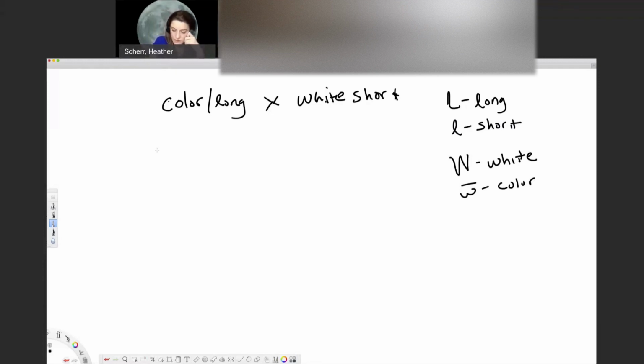So if we have the color cat, we know that's homozygous recessive for the color versus not color, and then for long hair, all we know so far is that it has one big L. And then for this parent, we know the cat's white, so that's big W. I told you it's heterozygous for white.